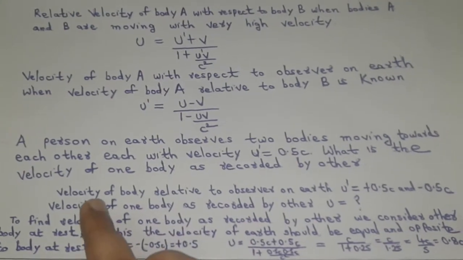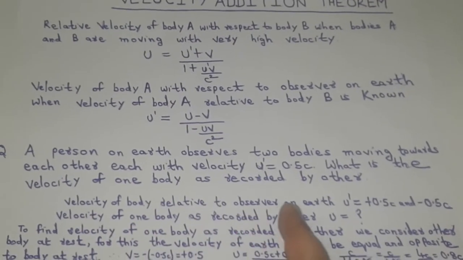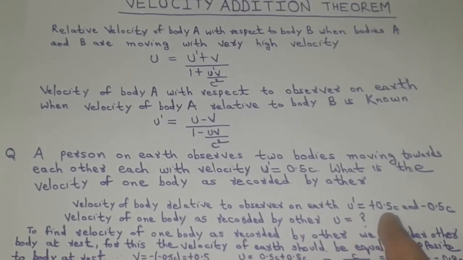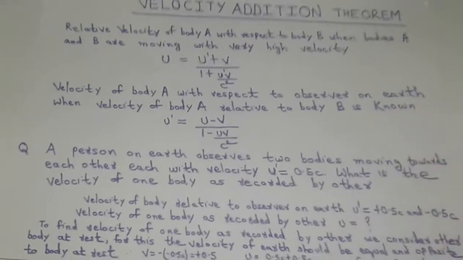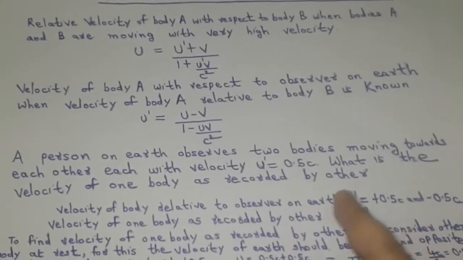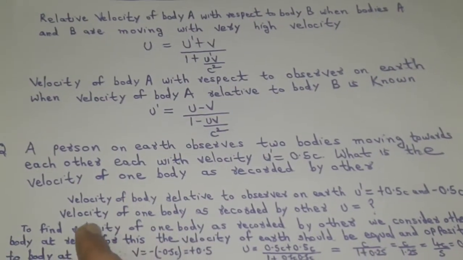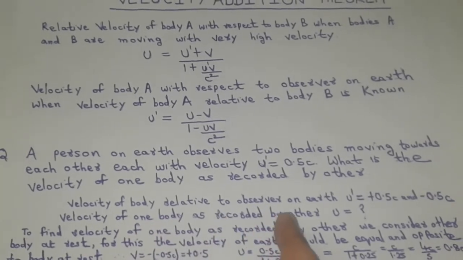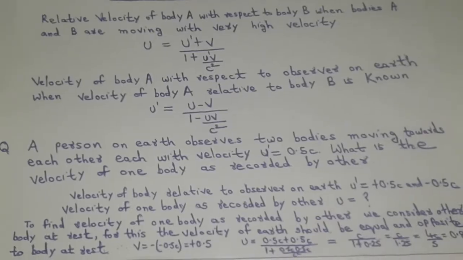So in the question we are given velocity of body relative to observer on earth, which is u' equal to plus 0.5c for one body and minus 0.5c for other body, because they are moving in opposite directions. We have to find the relative velocity of one body as recorded by the other, which is u. u is unknown in this problem.